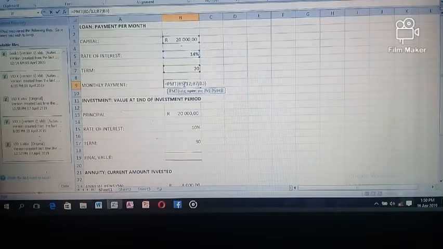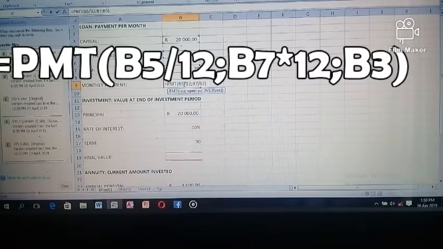So for us to find monthly payments or monthly installments, the number of installments, the number of times we're gonna be paying this loan is gonna be multiplied by 12. Same reason as before. The reason behind it is because there are 12 months in a year.